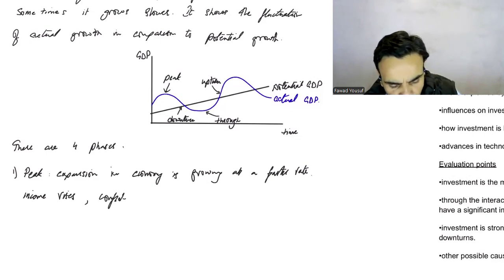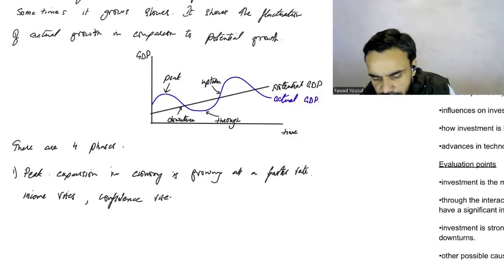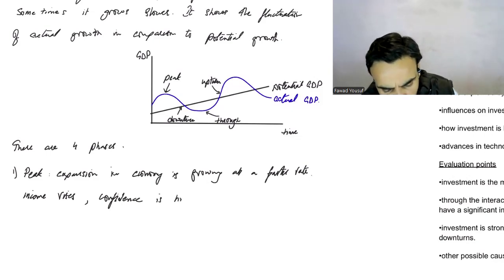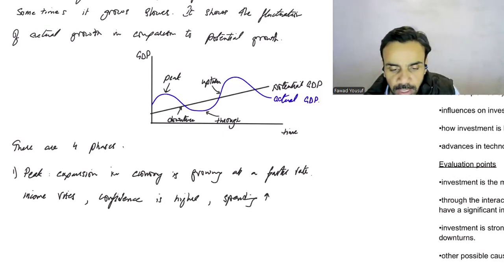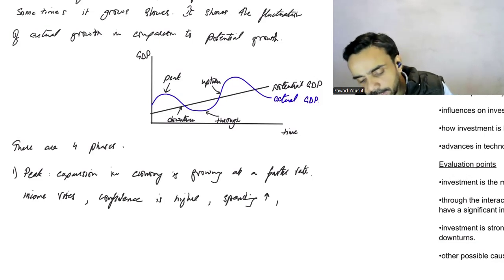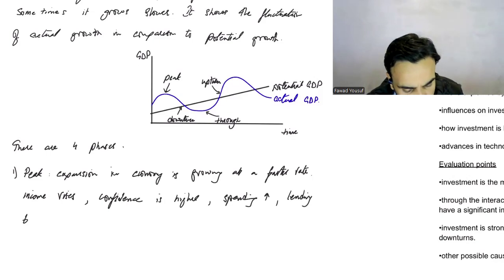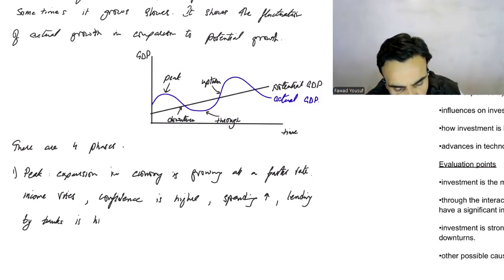Confidence of both individuals and firms is on the higher side. And when confidence is higher, we know that spending in the economy is going up, and lending by banks is higher.